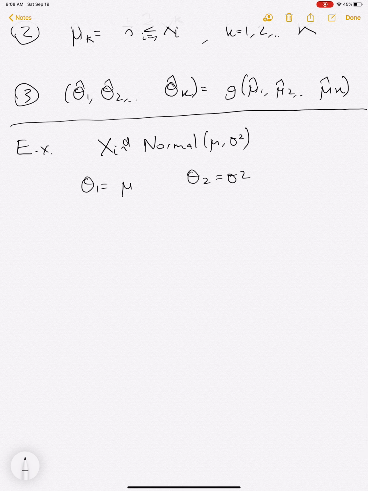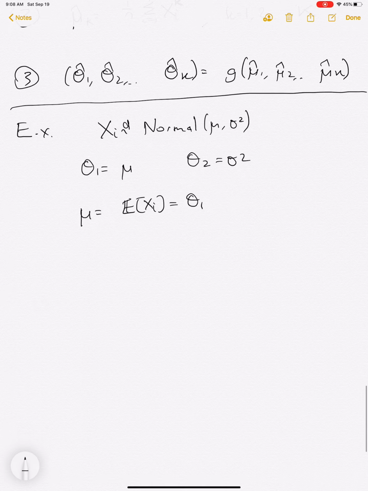We know that mu1, which is E of x_i, equals theta 1, which is very convenient.